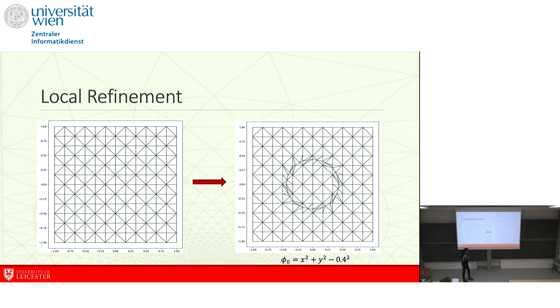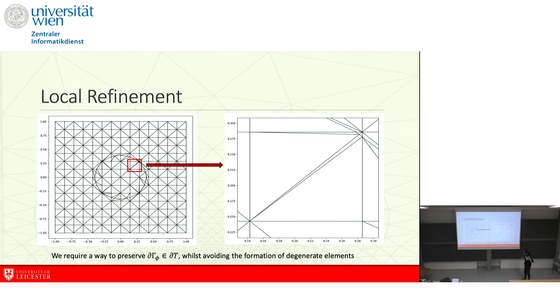What's quite good about doing things this way is that it only requires manipulation of the elements that lie on the level set. The rest of the mesh remains unchanged, so we don't need to regenerate the mesh at every time step. One problem, though, is that as the level set gets close to a node, we'll get degenerate elements that form.